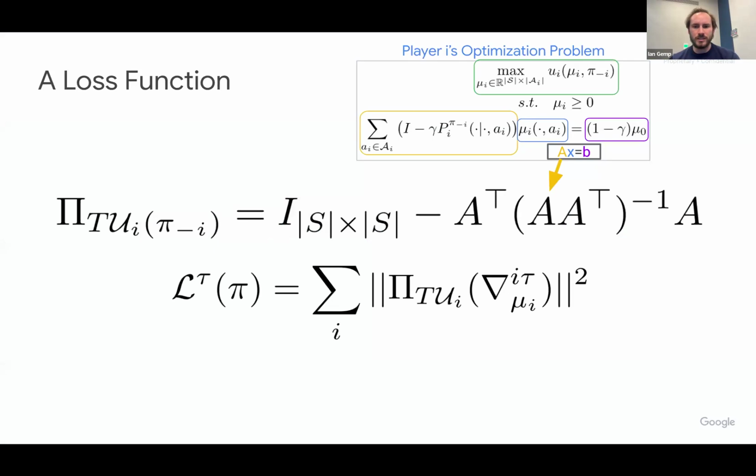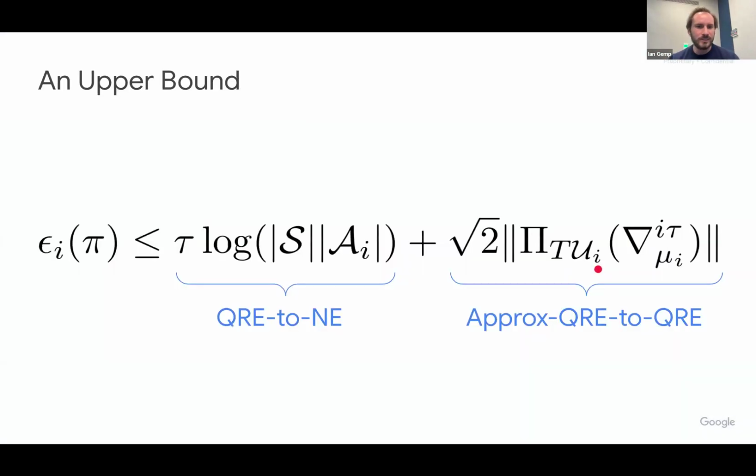Okay, so then we can formulate this loss function. Obviously, there are lots of loss functions you could use instead, and we probably should have thought of that. The only reason we did this is because in prior work we were trying to construct unbiased estimators, and this ended up being the most obvious way to do that. In this case, we're not going to be able to get an unbiased estimator of this loss, so you could do anything here. We could have taken the max over all these epsilon sub i's.